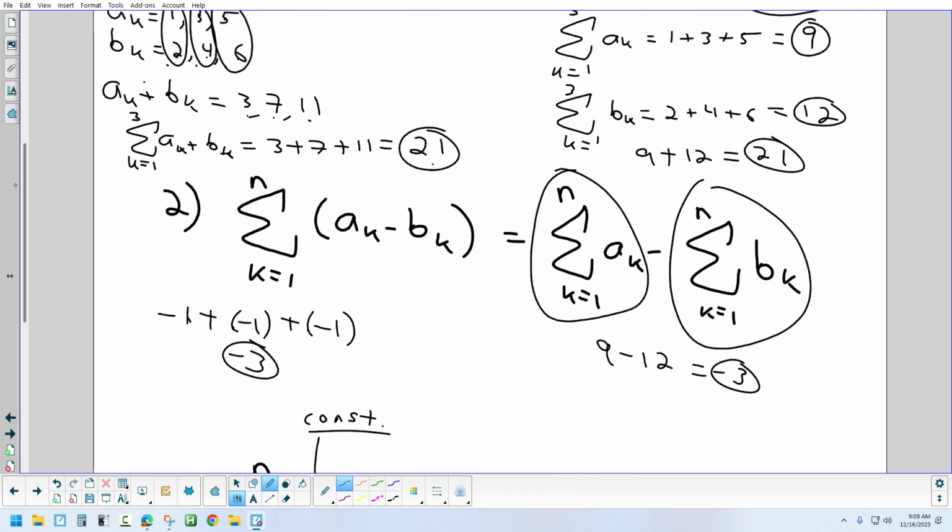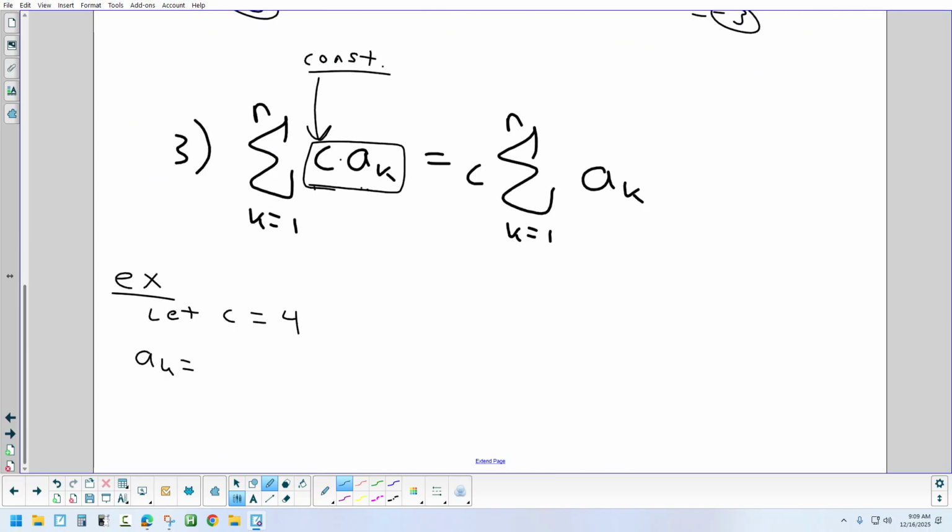So A sub k is 1, 3, 5. C times A sub k means to multiply every number by 4. So what's 1 times 4? 3 times 4? 5 times 4? 20. That's the sequence A sub k times 4.